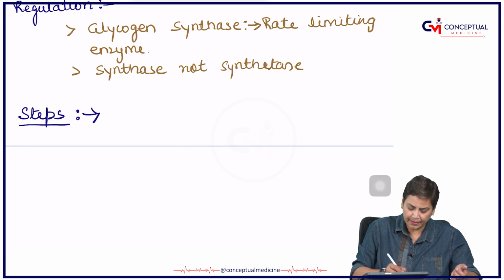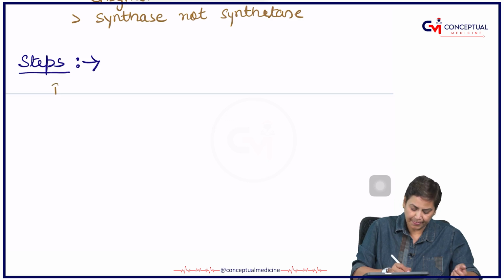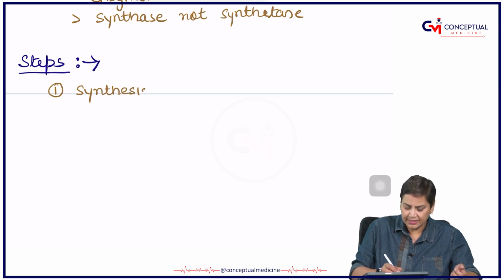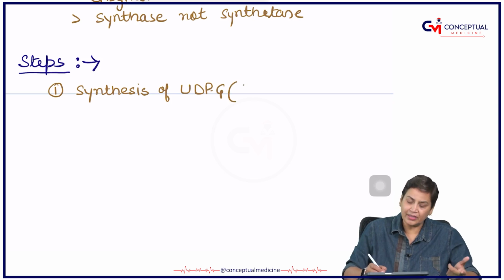Now the question is, what are the different steps of glycogenesis? If we talk about the steps, the first step is synthesis of UDP glucose, or we can call it UDPG also. Or this is C1 activated glucose.